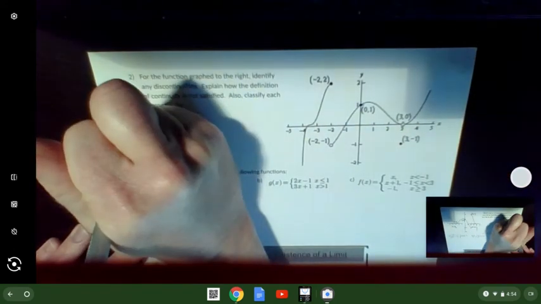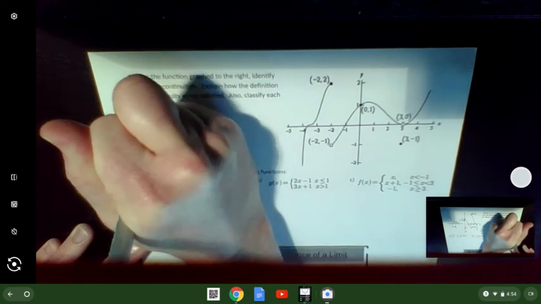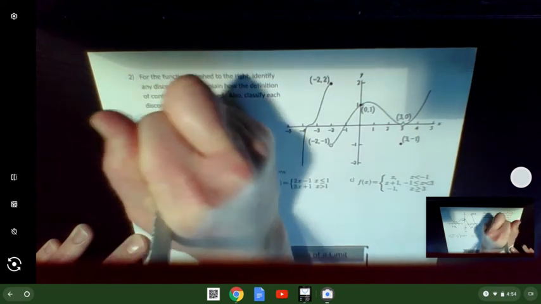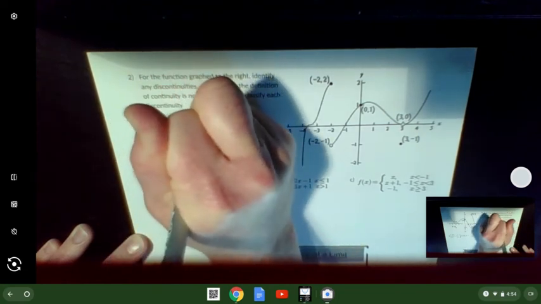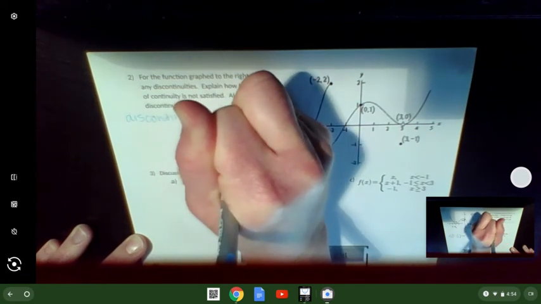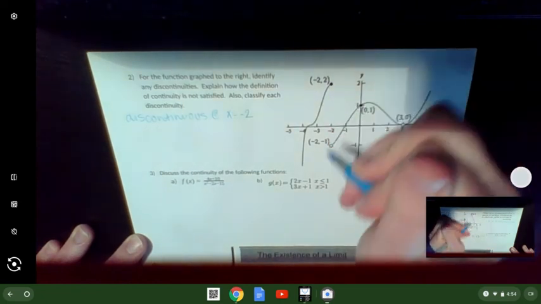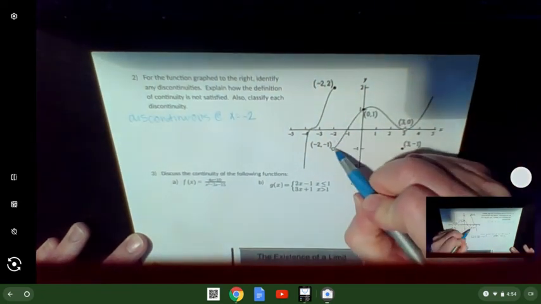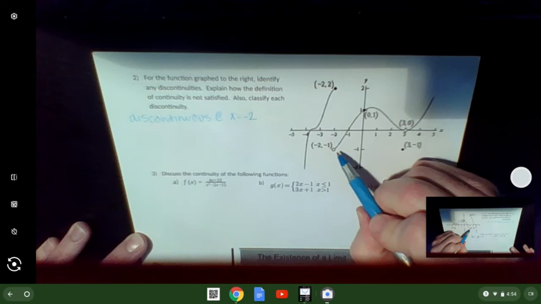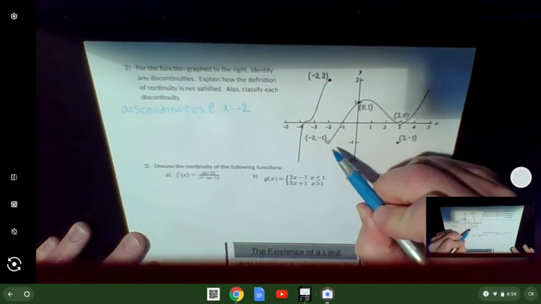I am discontinuous at an x value of -2. At -2, I'd have to pick up my pen in order to keep tracing. So we'll get back to classifying that one and explaining how it doesn't satisfy the definition of continuity.